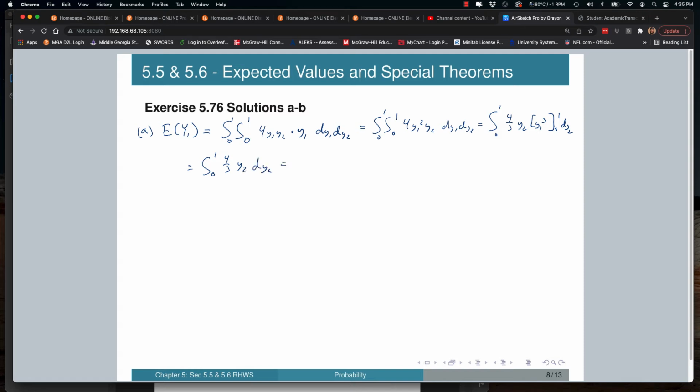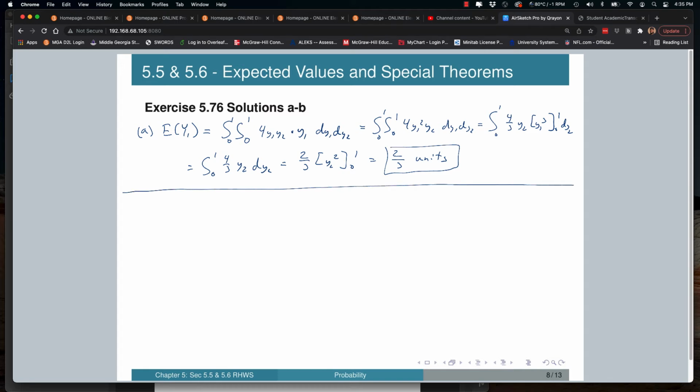Once we integrate that with respect to y sub 2, we end up getting 2/3 y sub 2 squared, evaluated from 0 to 1, which means that we get 2/3 as the expected value.